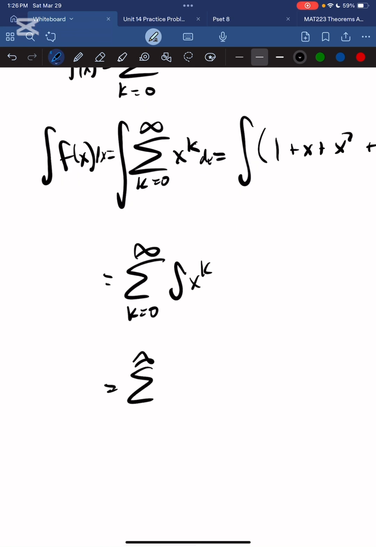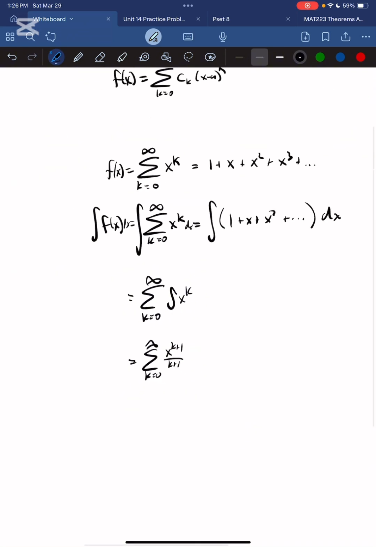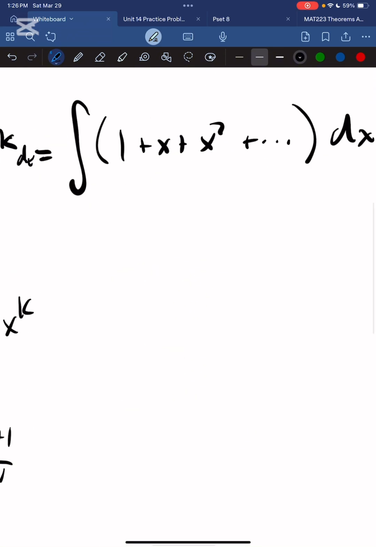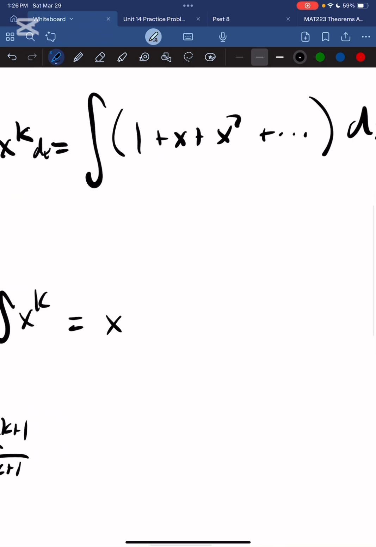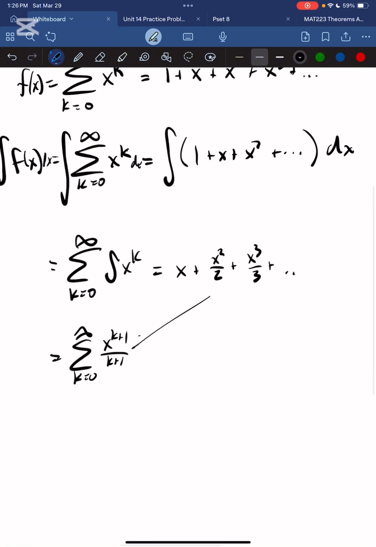So we end up getting x to the k plus 1 over k plus 1. It's so wacky, but it makes sense. If we integrate this, we end up getting x plus x squared over 2 plus x cubed over 3 plus, and we see this is equal to that.